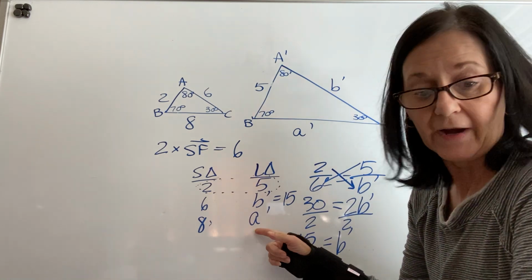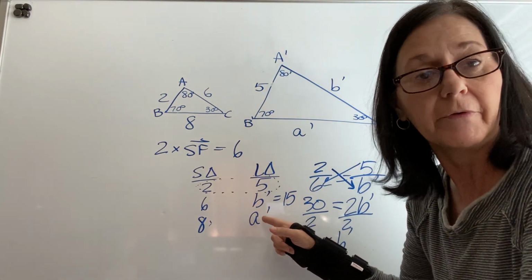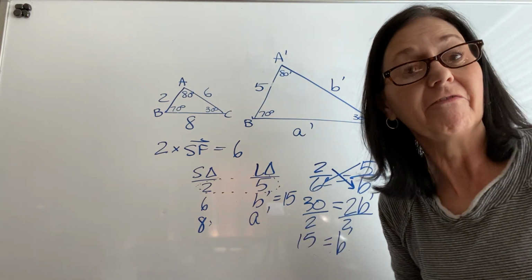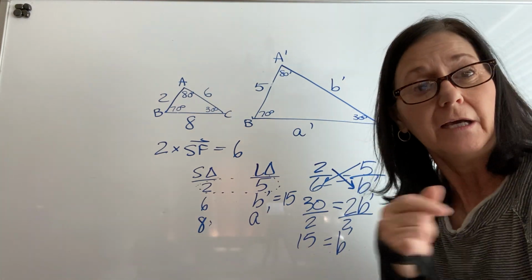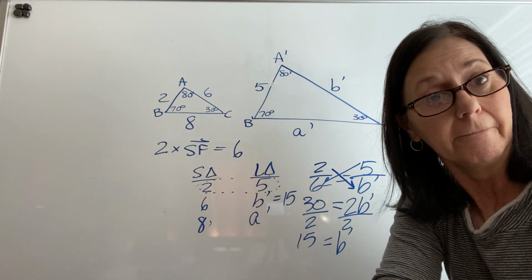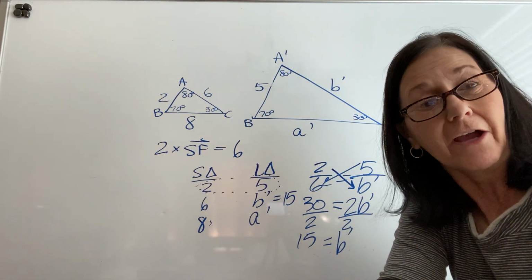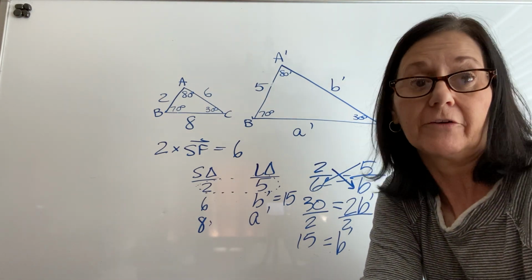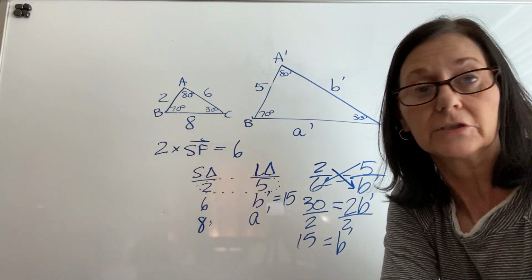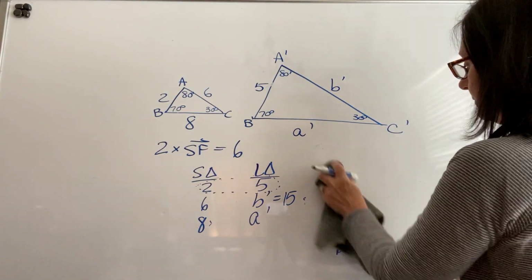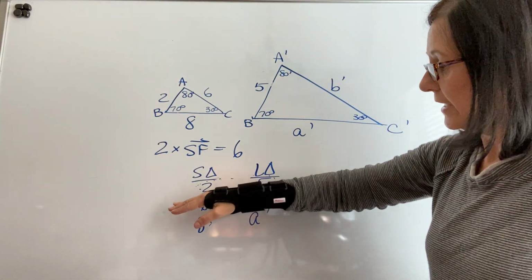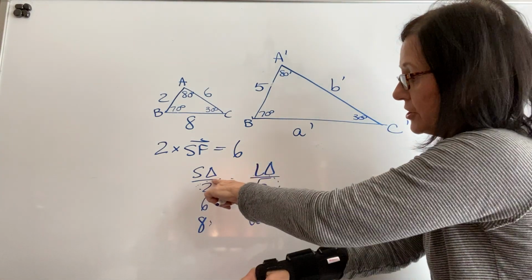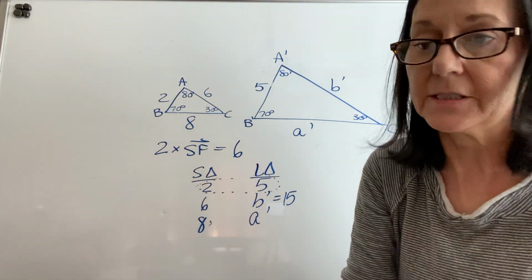Now, to solve for A prime, I'm never going to use a number that I've calculated, because if I've miscalculated the B prime value, then when I use it to calculate A prime, I'm going to have another error. I'm going to have two wrong solutions. So when I'm calculating A prime, I'm going to ignore the middle.